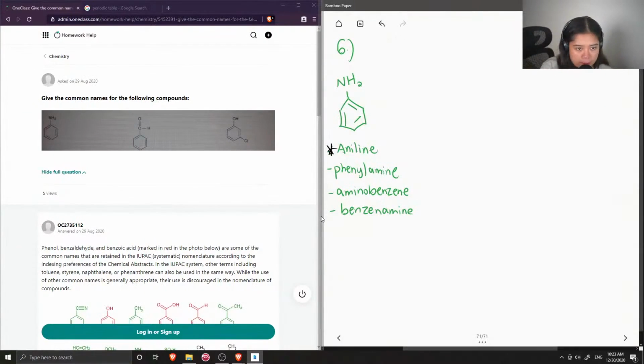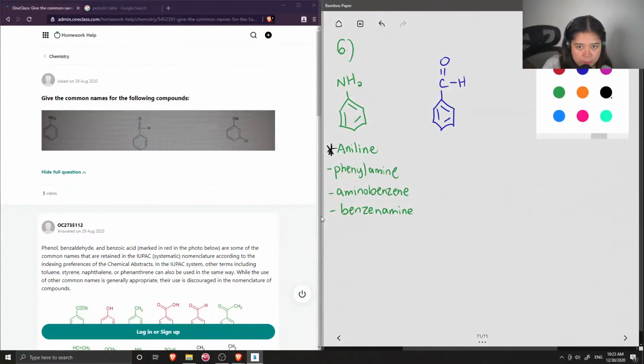Now let's look at our second compound. We have another benzene ring, but this time there is a single aldehyde that is attached to it as well. And the most common name for this compound is benzaldehyde.